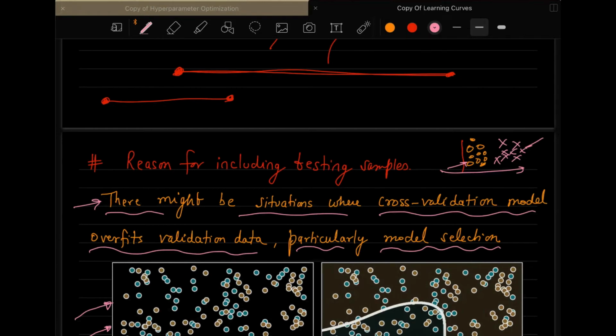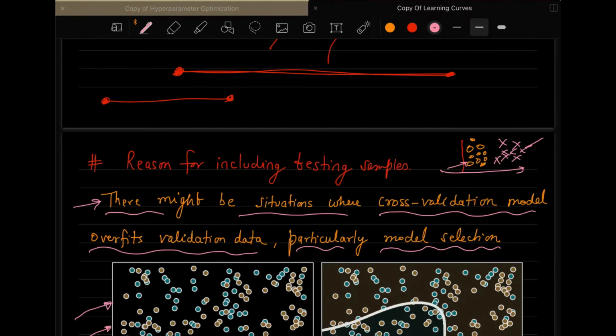If you go back to the earlier lecture on how we do cross validation, the minimum validation error gives you the optimal model parameters. So when you do cross validation, you are overfitting the validation data set by selecting the model. You are indirectly overfitting the model selection.